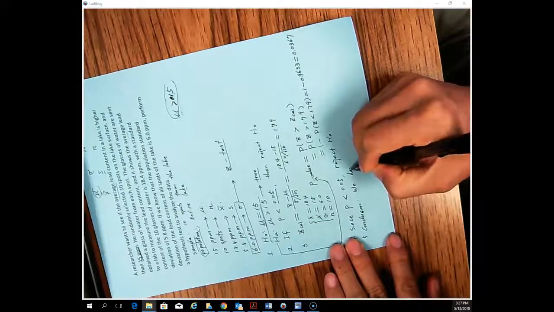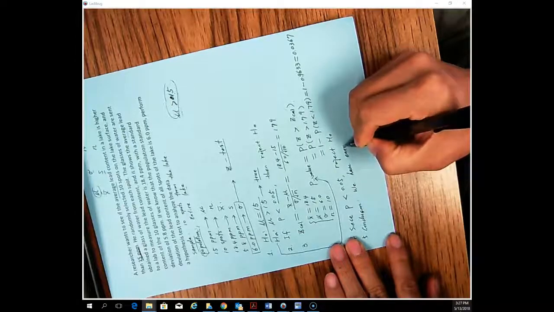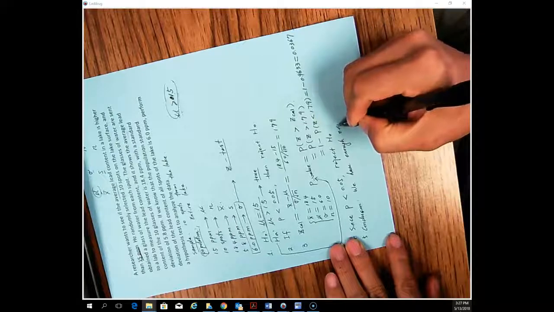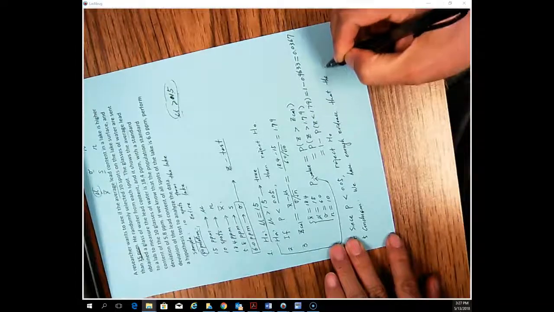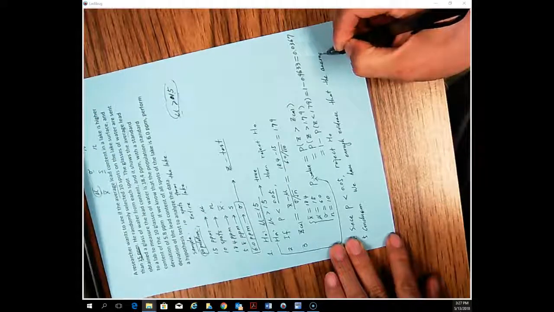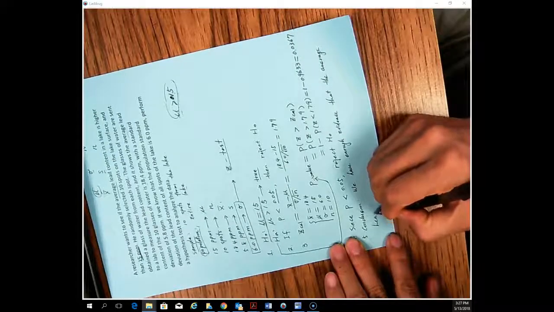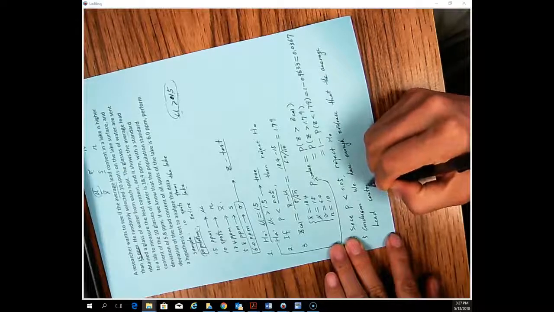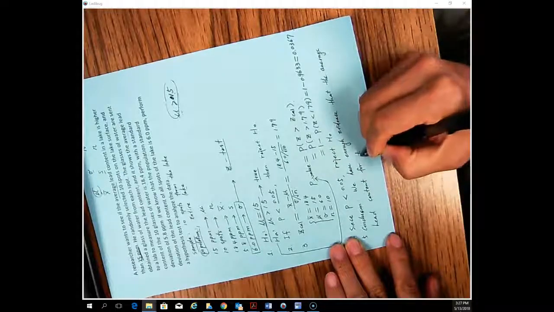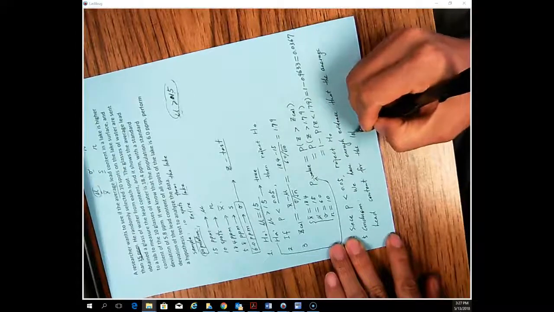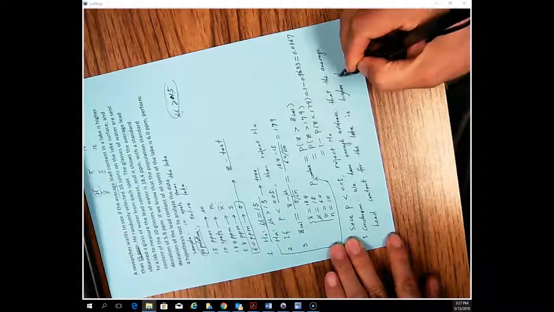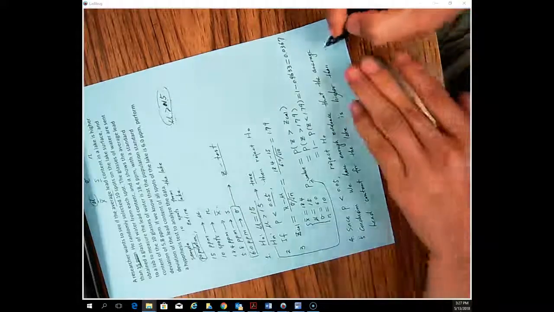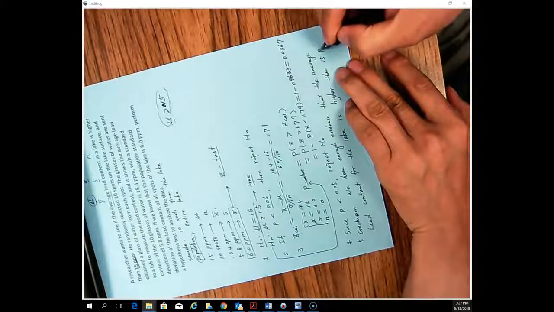We have enough evidence that the average lead content for the entire lake is higher than 15 ppm.